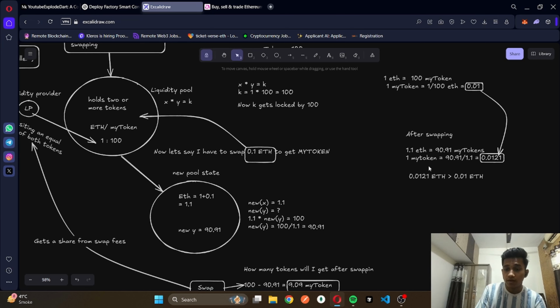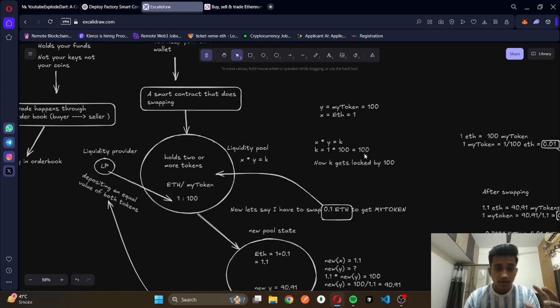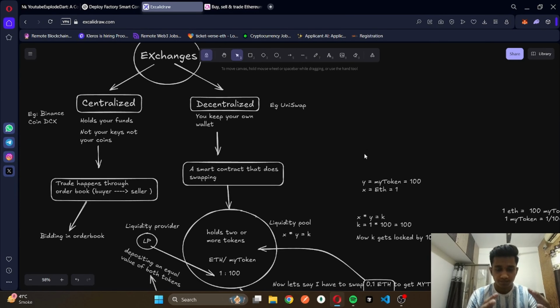So one my token becomes 0.0121. From here, we can see that there is a jump in the price. It's a minute difference, but it actually makes a difference, because 0.0121 ETH is actually much greater than 0.01 ETH. So this is how the price in a decentralized exchange gets moving.